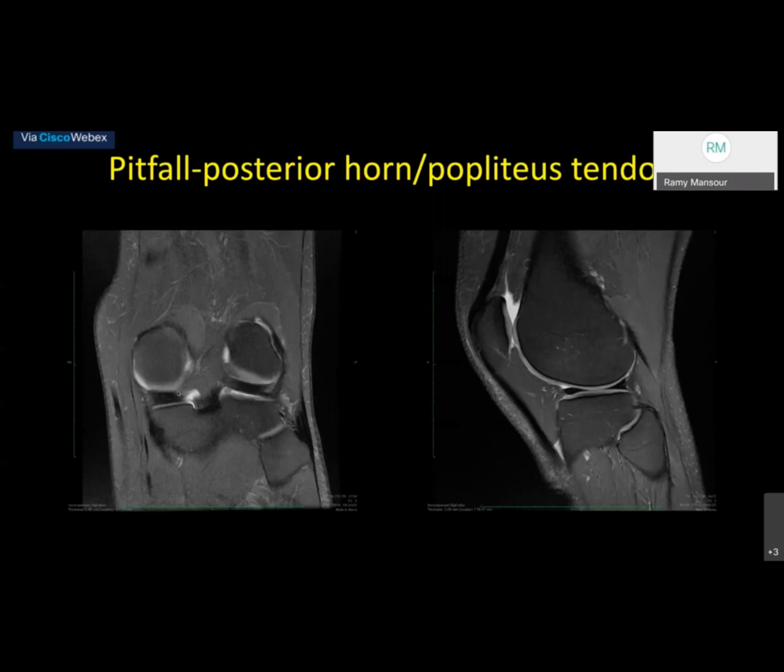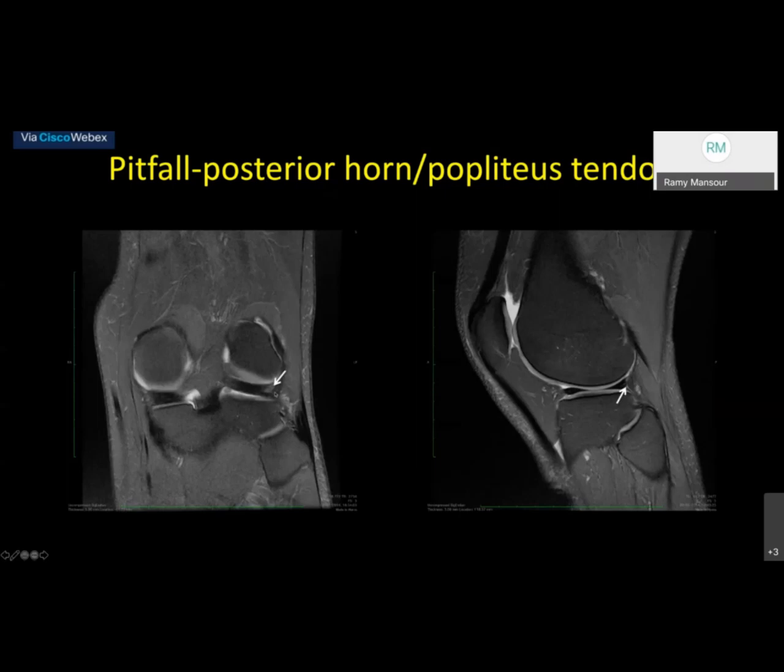Another pitfall you need to be aware of is when the popliteus tendon is seen very close to the posterior horn of the lateral meniscus. You can see this line, and there is a very small, thin recess, and some people can easily mistake this for a tear.